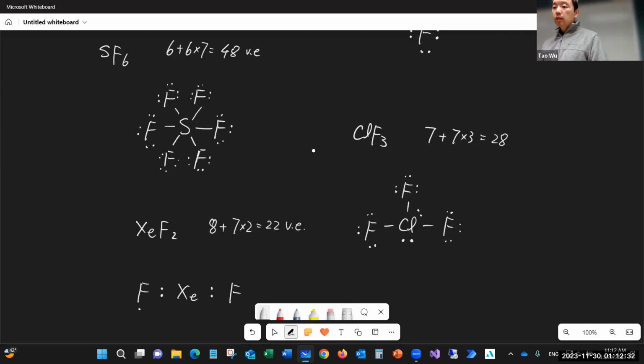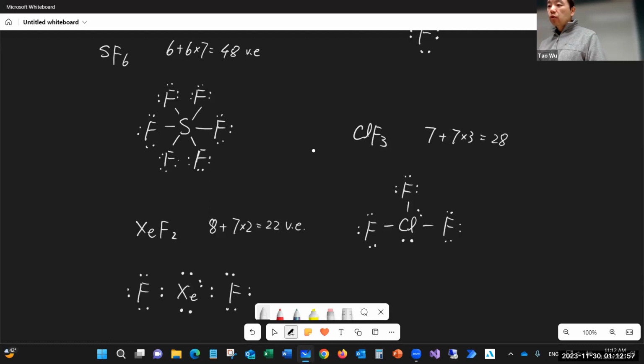So 4, 6, 8, 10, 14, 16. Now we have 16, right? Now all the fluorines are done, and we have 6 more to go. Where do the 6 belong? The 6 have to belong to the central atom, right?